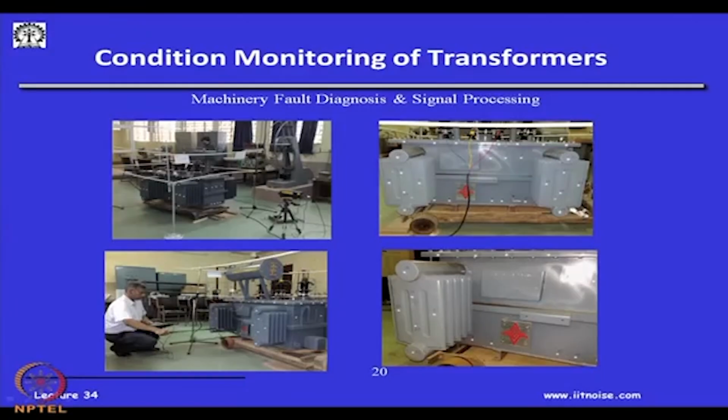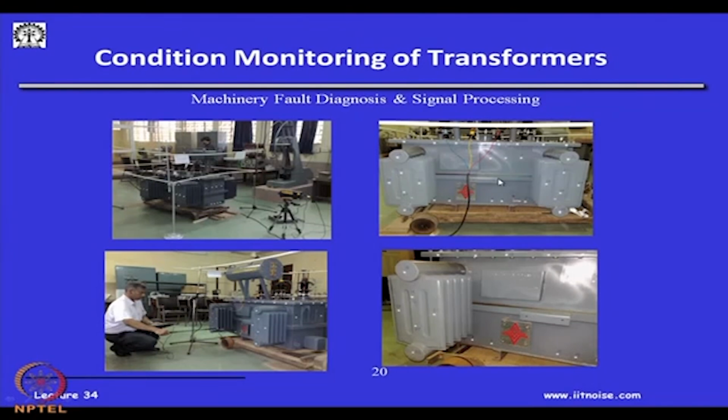Of course, there is no secondary discharge here. We have just done the primary excitation, and this is a very high 100 megawatt transformer which we are trying to analyze. We are measuring the noise here and here because obviously you cannot go near the transformer. We used a laser beam to measure the vibrations, and here the sound intensity probe.